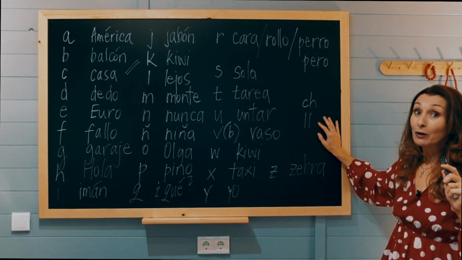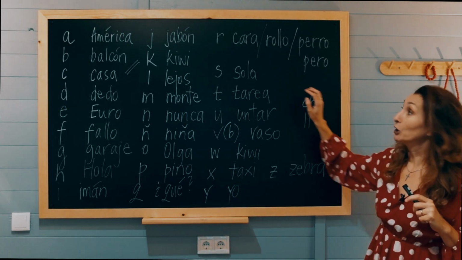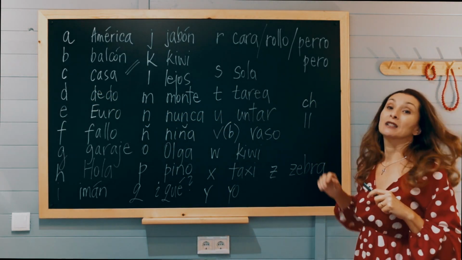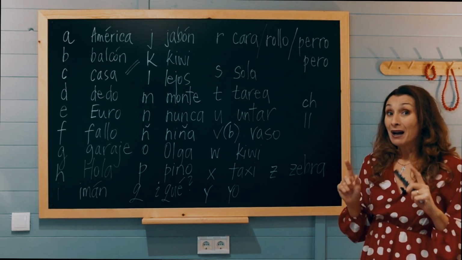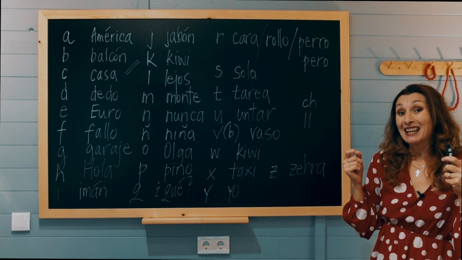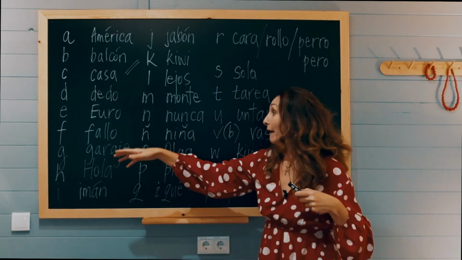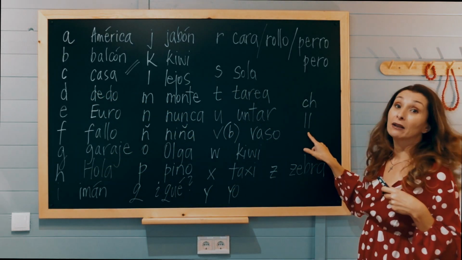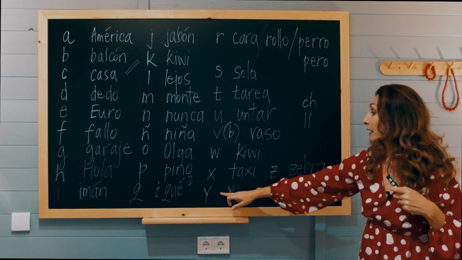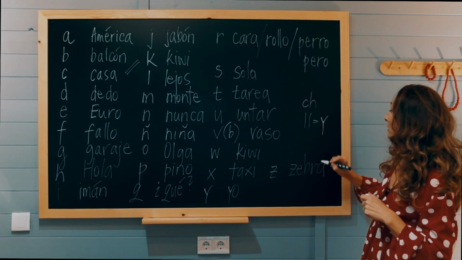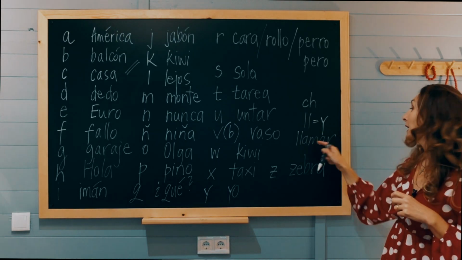Okay, so now that they've lost this status, any word that starts with a CH, you will have to look it up under C, and any word starting with a double L, you will have to look it up under L. But they do represent a different sound. So CH is not pronounced C and then a silent H, and double L does not sound like a normal L. It actually sounds like a Y. Okay, so for example, llamar, to call, is llamar.